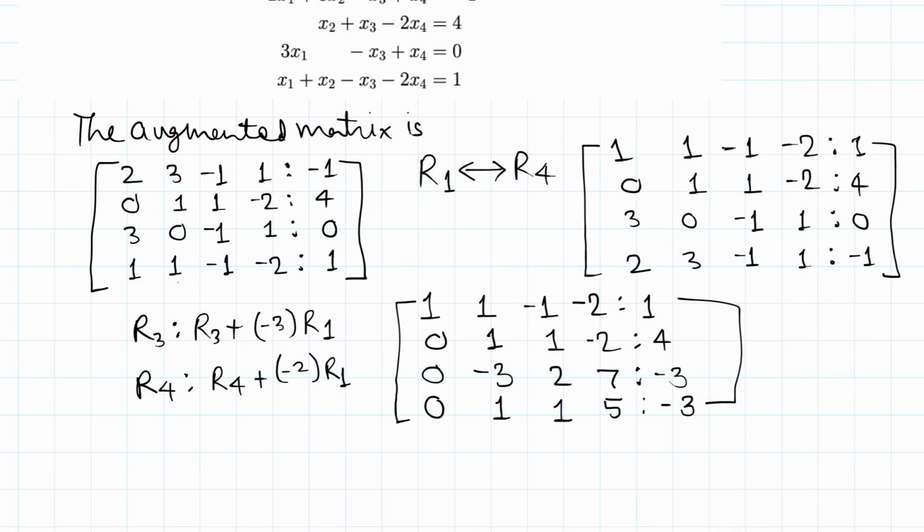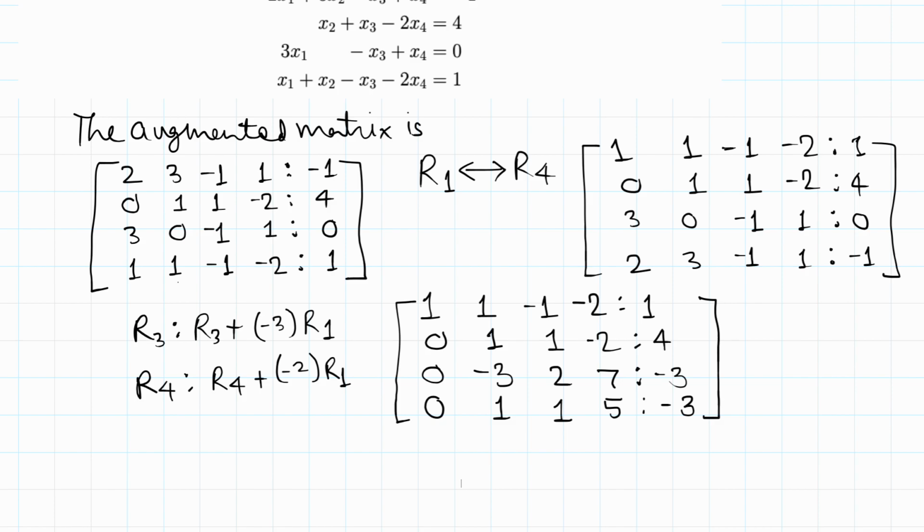Okay, let me make it smaller here. So this one is 0. So we go diagonally. Oh, this is already 1. That's good. Now we want to make this negative 3 zero using the pivot. So always use the pivot to make this 0 and use 1 again to make this 0. So we work on R3 and R4.